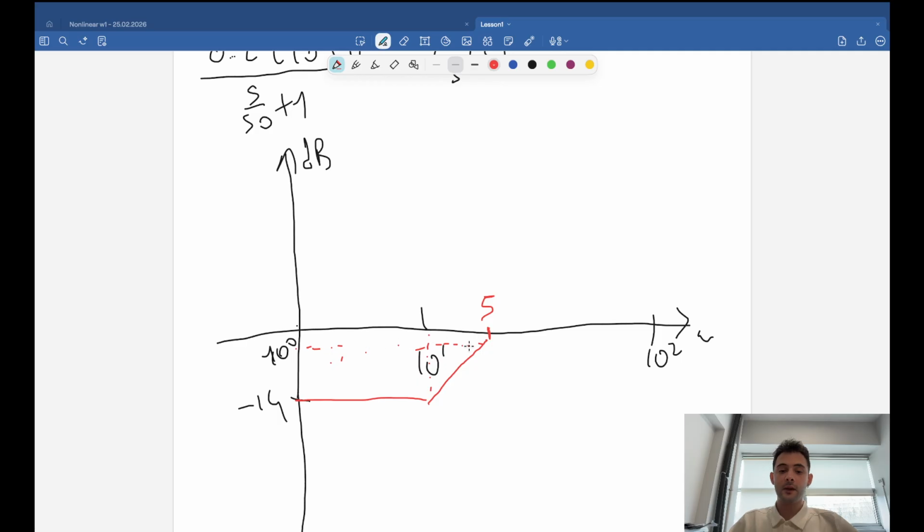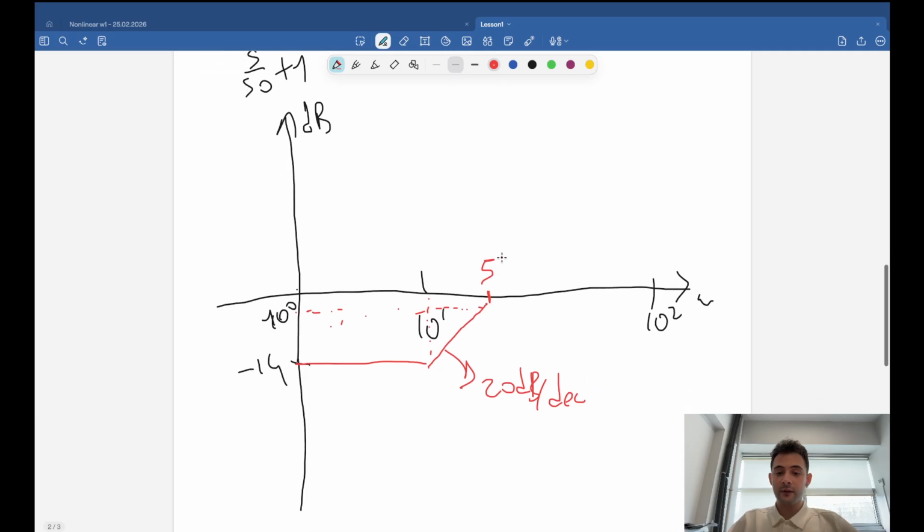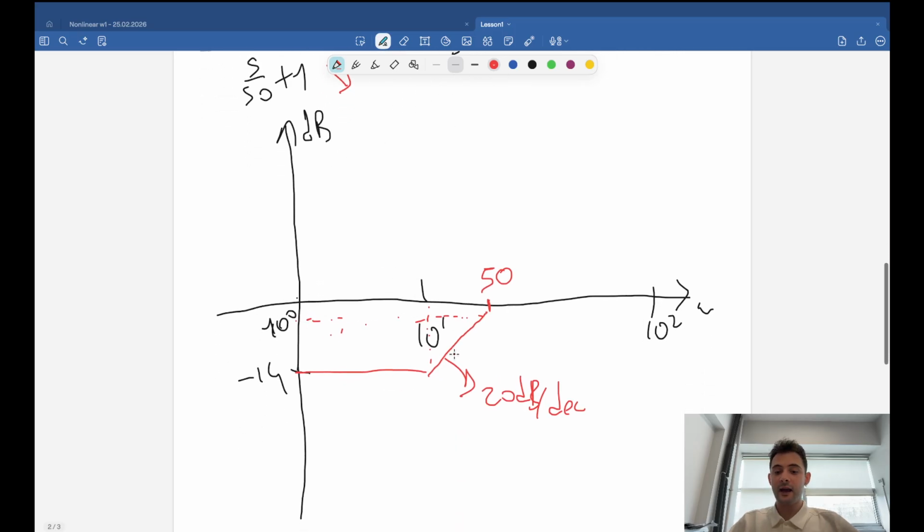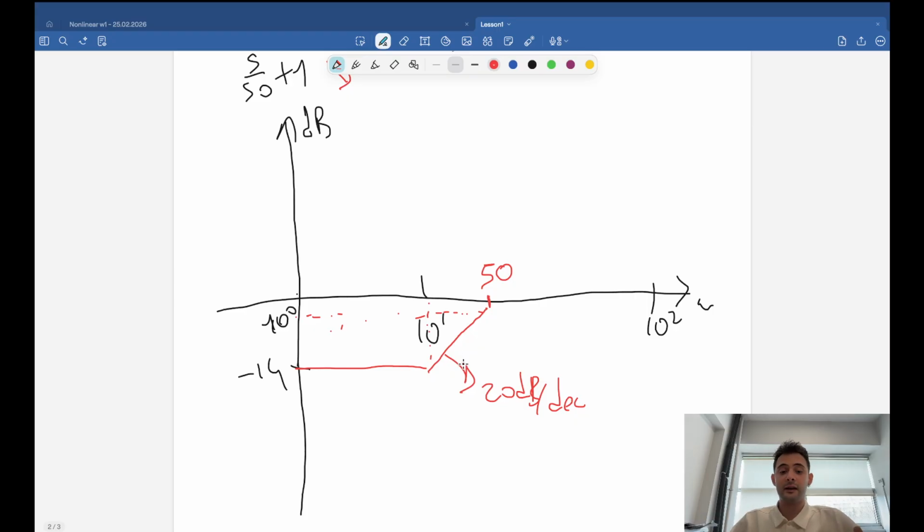But here our slope is 20 decibels per decade, and at the frequency 50 there's a pole, right? The pole will make it go down, but since we had a plus 20 decibels per decade, it will just cancel it and it will go as a straight line until infinity, okay? And here naturally our slope is 0 decibels per decade.